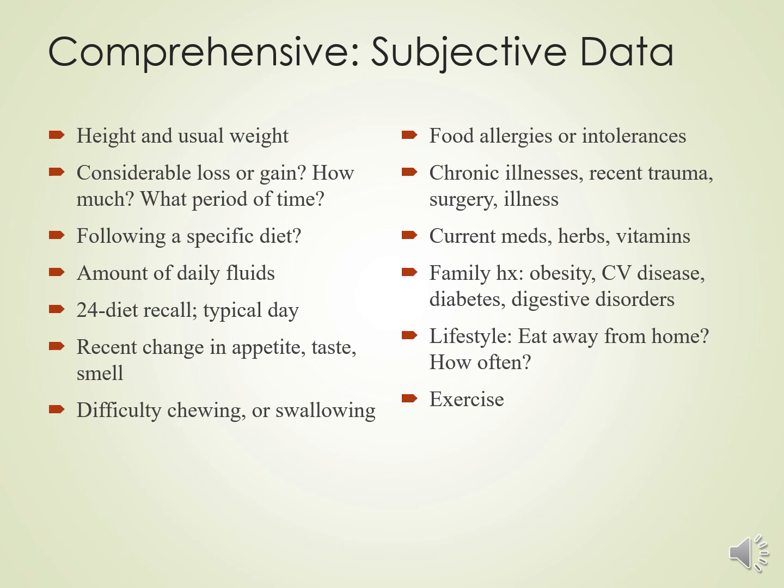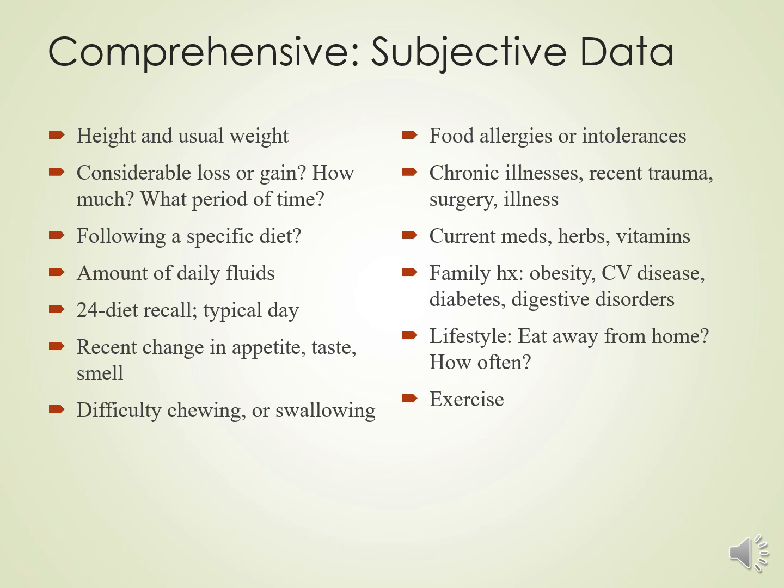So some of the things we look at in the subjective data for the comprehensive assessment are their height and usual weight, any weight loss or gain, any specific diet they're on, fluids, any changes in appetite, taste, or smell, difficulties chewing or swallowing, any allergies or intolerances, any preferences they have, any chronic illnesses impacting their health.